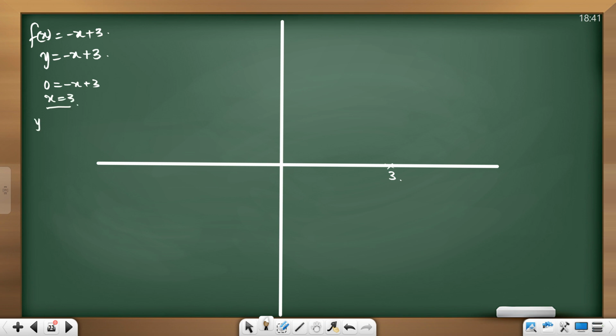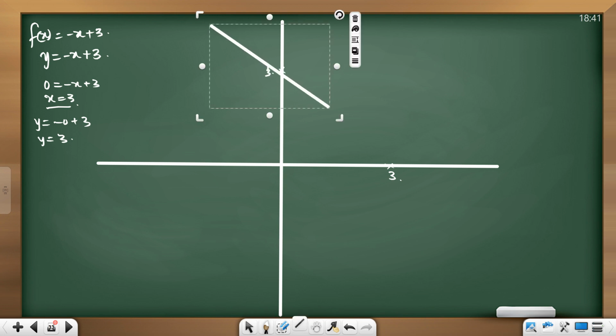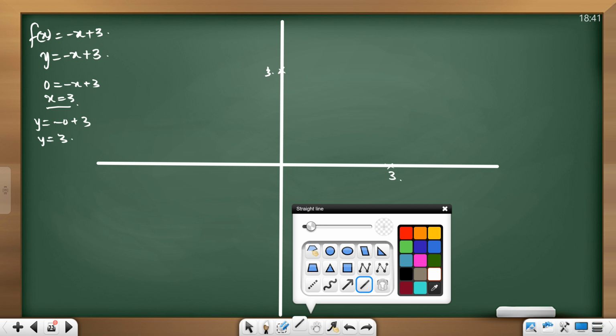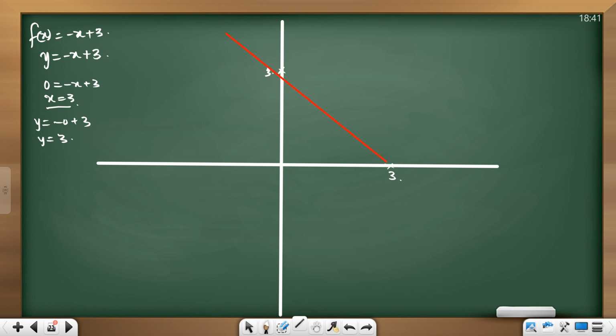What about when x is 0? Minus 0 plus 3. Y will also be equal to 3. So already I have my first graph. Examiner says show all intercepts. I wanted to see how easy it is to get that first mark, and you have to label your graph. Your graph continues.